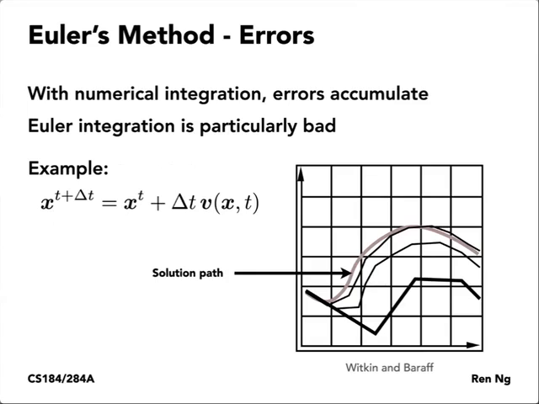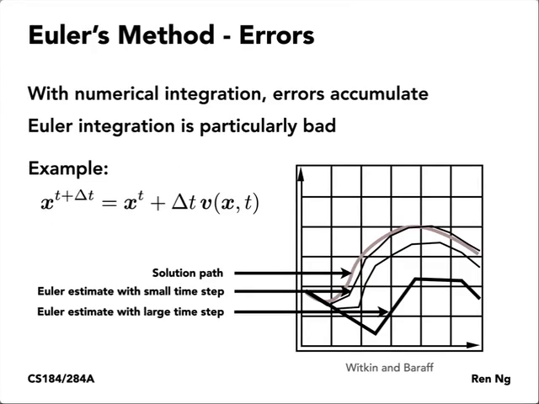And this here is an Euler estimate, or a series of Euler steps giving an overall Euler estimate of the path with small time steps. And here's one with large time steps over here, which is obviously much further from the correct answer. And it's easy to see why that happens. They all start at the same location.